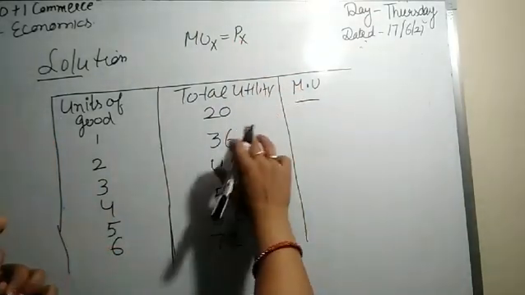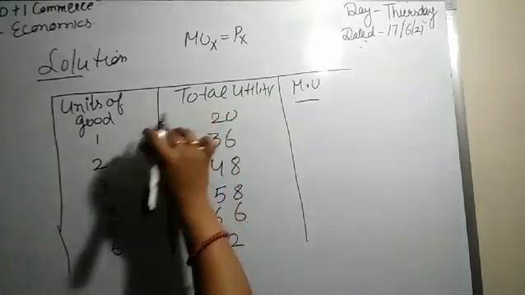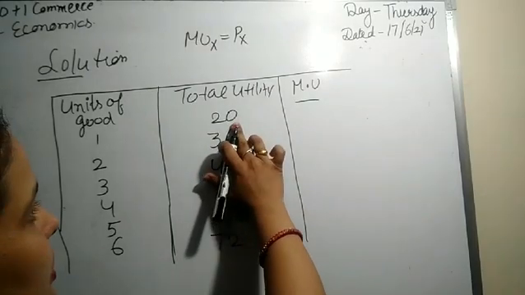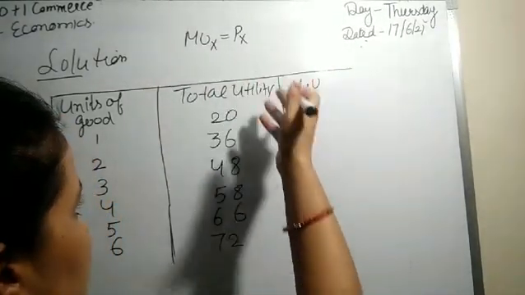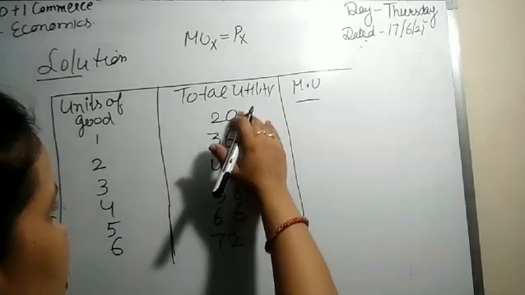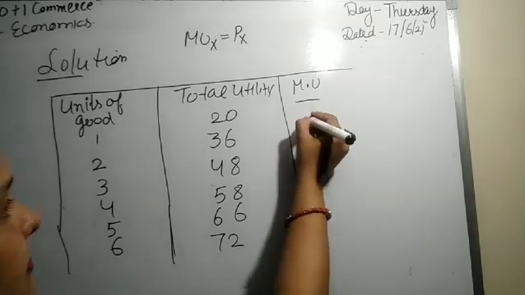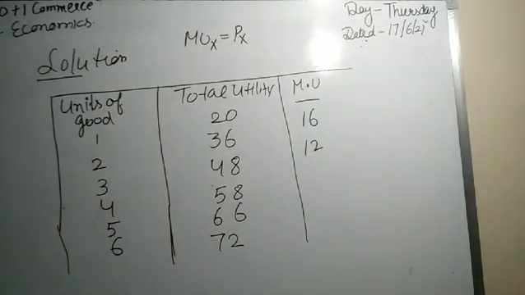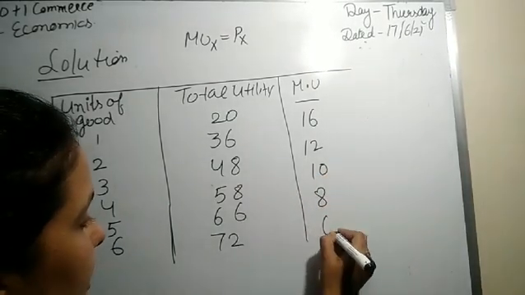First we calculate the marginal utility. At the first unit consumed, total utility is 20. At that situation marginal utility is nil, because nothing is given before for comparison. After that the marginal utility is 16, 12, 10, 8 and 6.